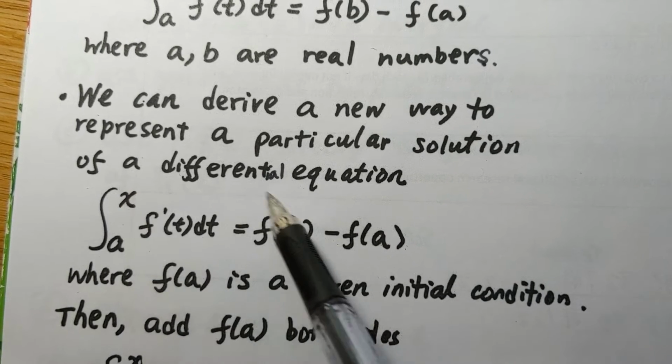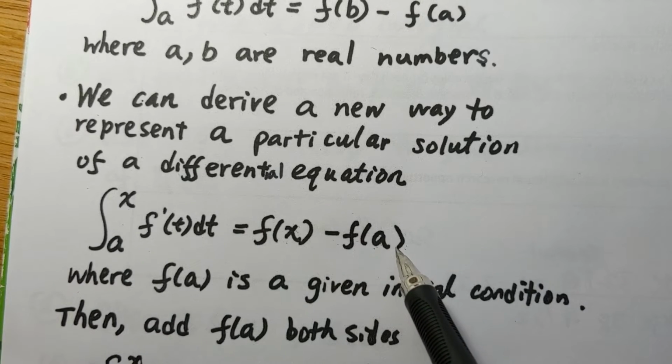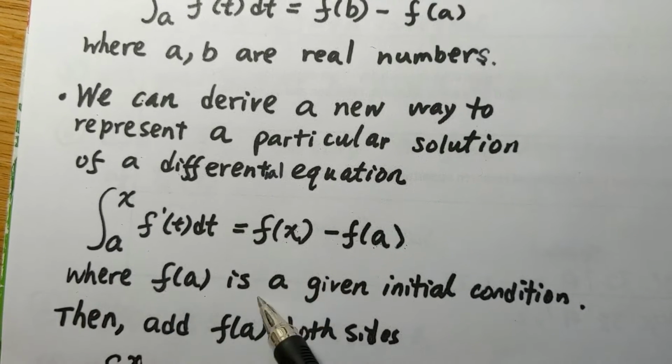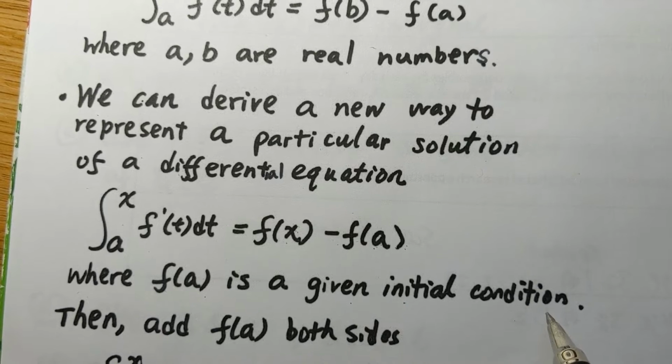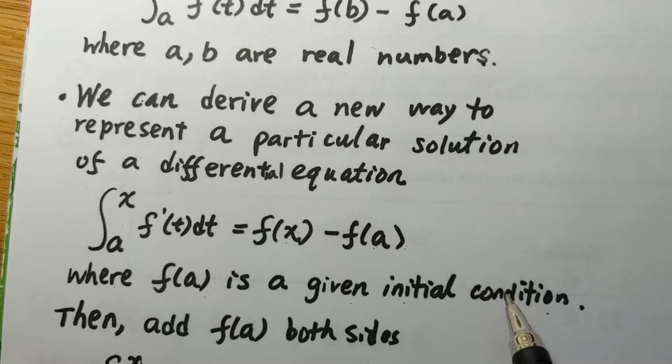So this goes into the b, and then this is F of a, where F of a is a given initial condition. Remember when we solve a differential equation, we always have an initial condition.